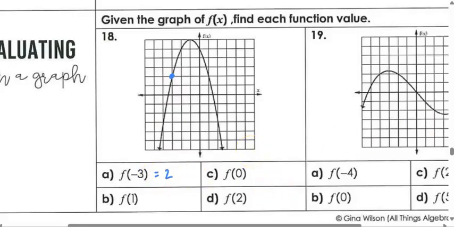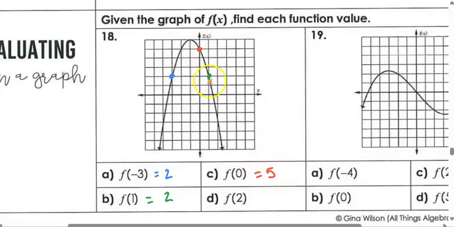All right? And I can do that for any value. So f of 1 means go to positive 1 and then see where the graph is. It is also at 2, so f of 1 is equal to 2. Okay? f of 0, 0 is right here, so my graph is all the way up there at 1, 2, 3, 4, 5. So f of 0 is equal to 5.